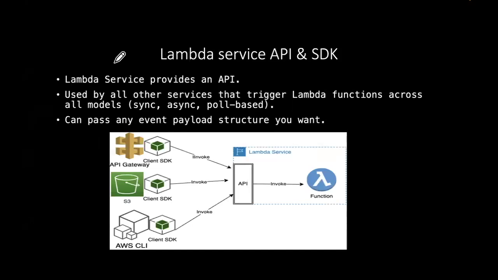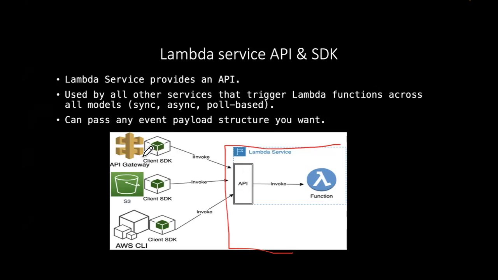Every service has an API interface, not just Lambda, but we're interested in Lambda right now. So this is what I'm illustrating over here. Here's my Lambda service, which is managing all of my Lambda functions. It has an API interface, essentially a web interface. And the Lambda service also provides an SDK.